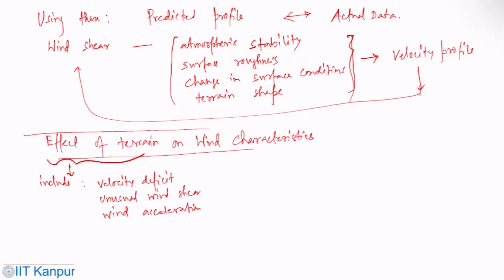So this would impact the velocity profile, unusual shear, and all these things. So the influence indirectly affects the turbine power output.